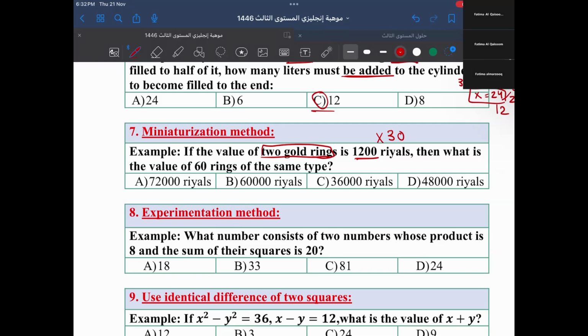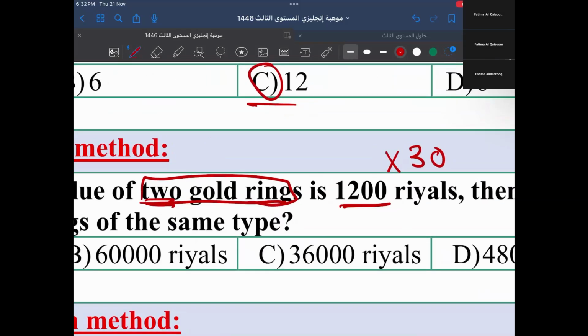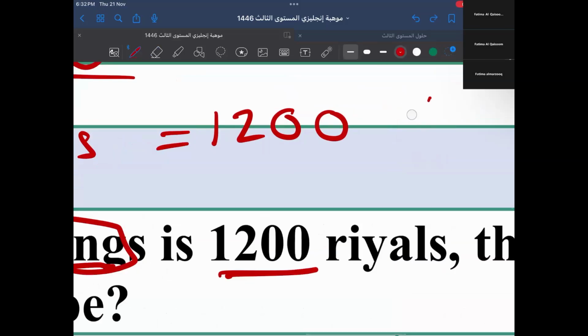Why 30? Because I want to make the 2 here. If I imagine it to be an equation, okay? 2 rings equals 1,200 riyals. Okay?